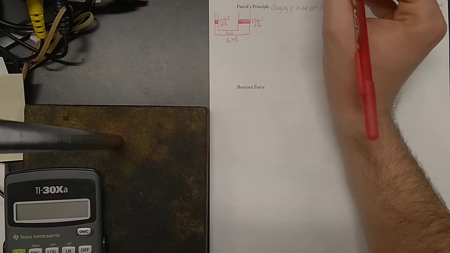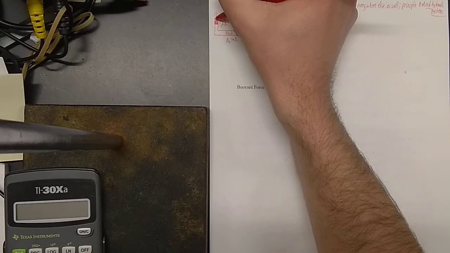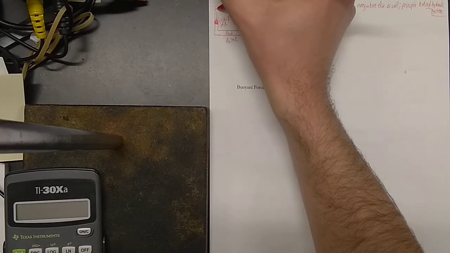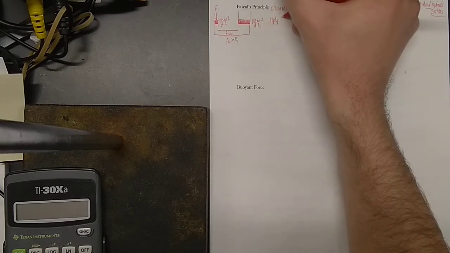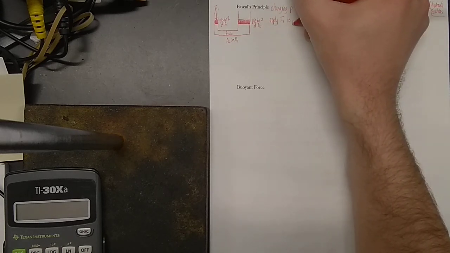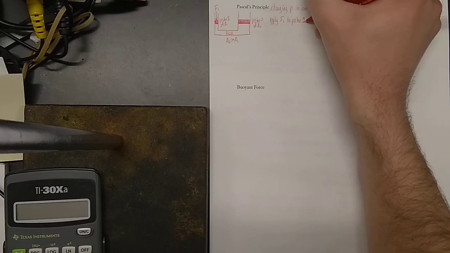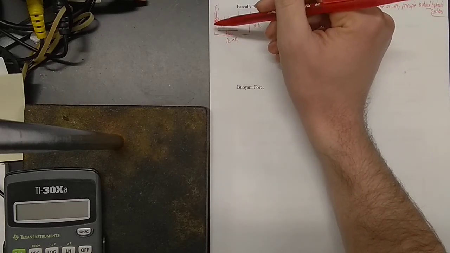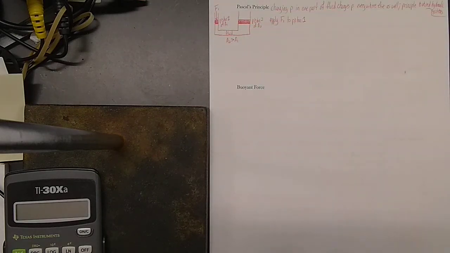Well, the idea behind a hydraulic system is this. Let's say that we push down on piston 1 with a force F1. So we apply F1 to piston 1. By applying a force, by pressing on this fluid, we are trying to compress it, if it was a gas, it would compress. But remember, fluids are incompressible.